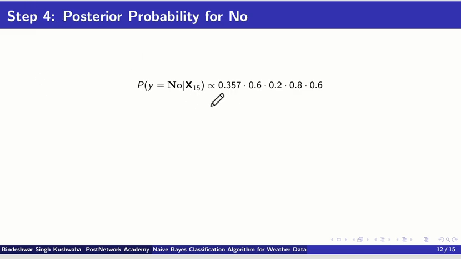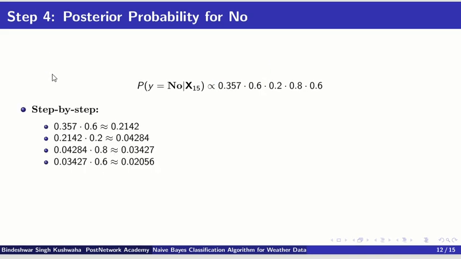The same way we will calculate for no. So here this is the P(y given no), prior you can say that, and these are the likelihoods. Now if we calculate, we will find the probability that no class is given x15 instance, that is 0.026 and we will compare.